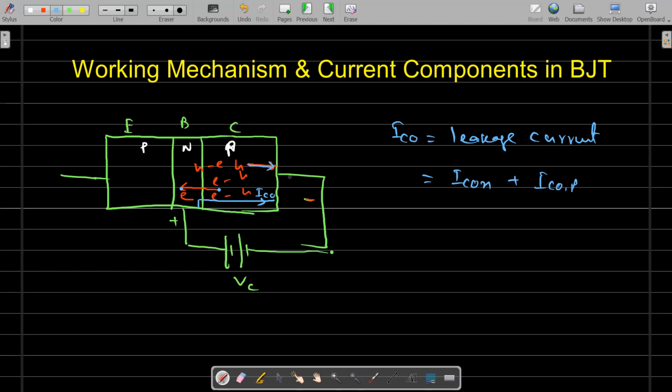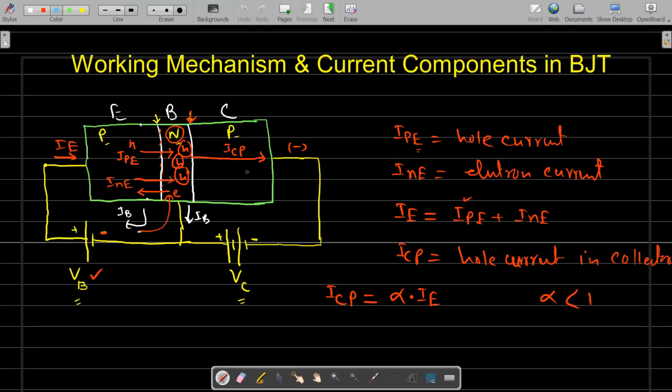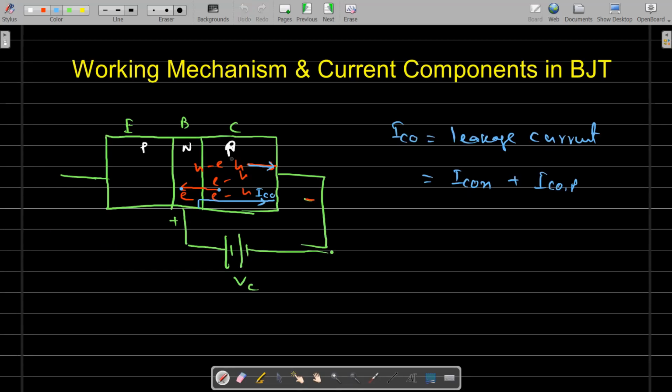Now adding all the components. In a previous diagram, we have seen that we have one current component that is coming from emitter and base, that is ICP. Let's draw it here. This current is ICP, and we have another current component ICO. This one is the collector current IC.